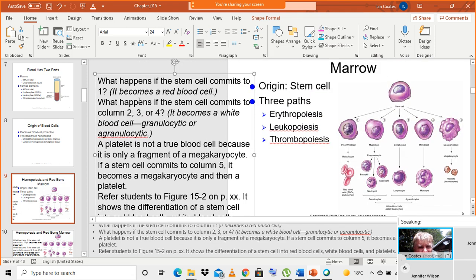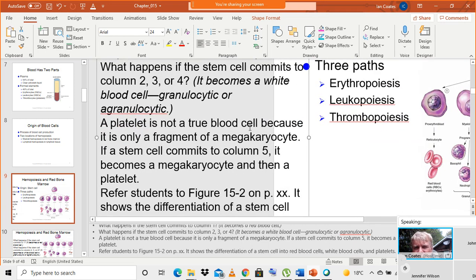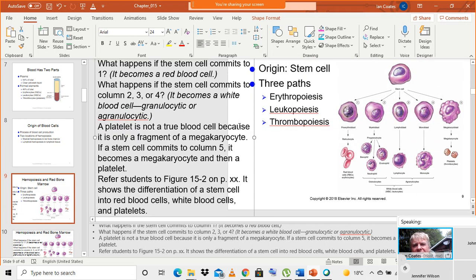So I took this out of here and put it up here. What happens if the stem cell commits to 1? Well, there's your 1, right here, and it'll become an RBC. What happens if it commits to 2, 3, or 4? It'll become a WBC, a white blood cell. I wanted you to know that a platelet is not really a true blood cell because it's only a fragment.